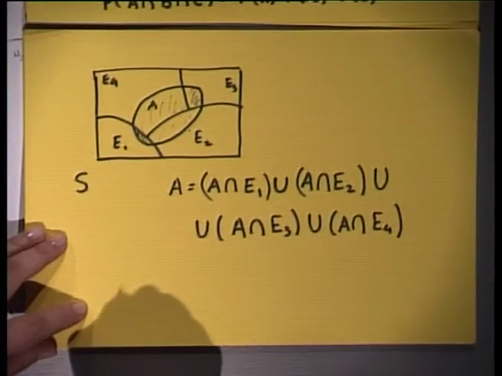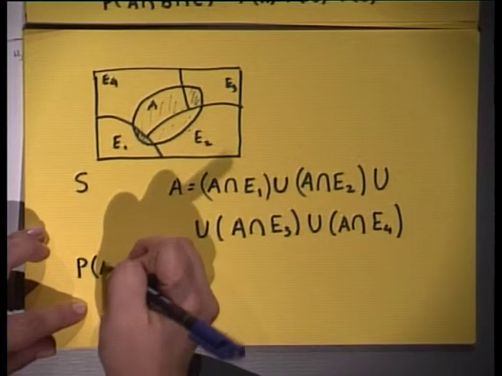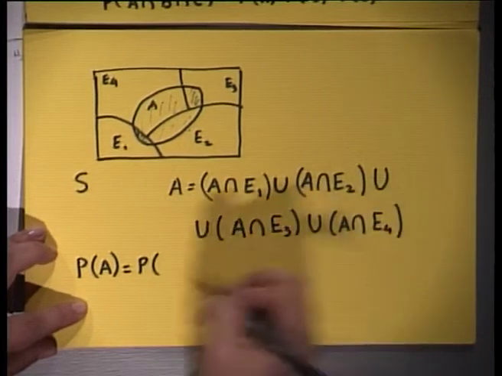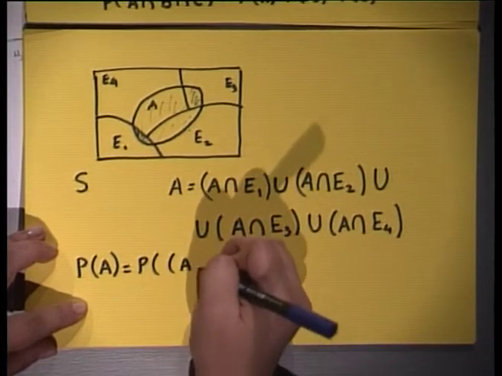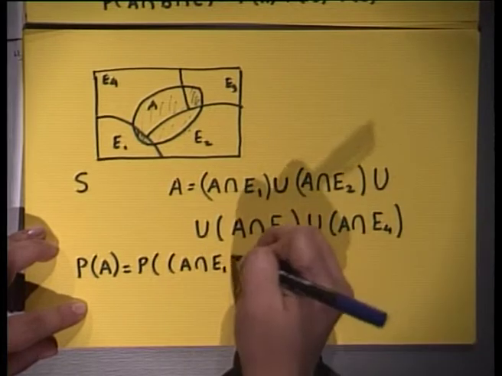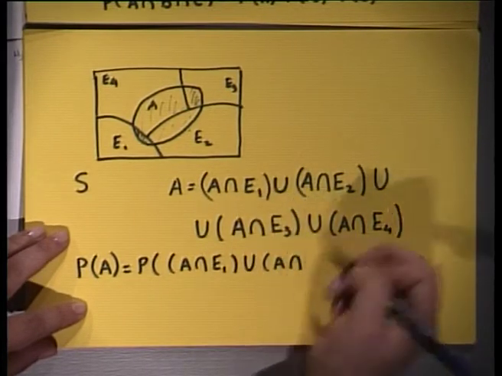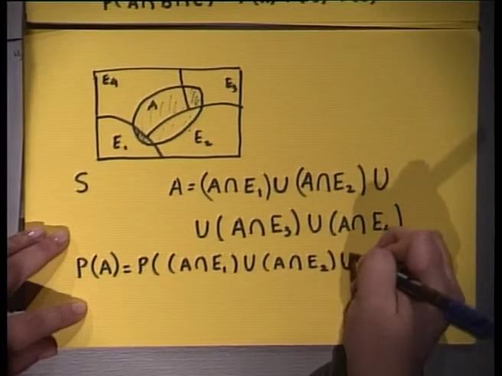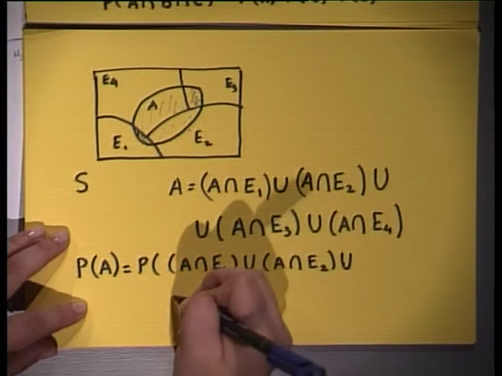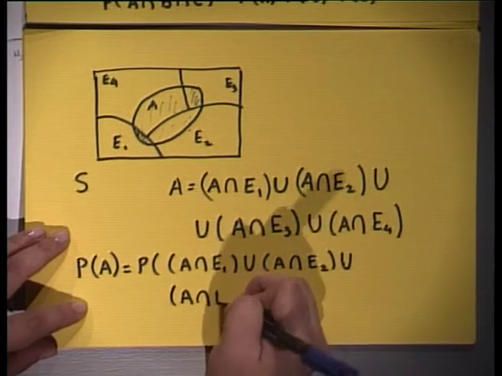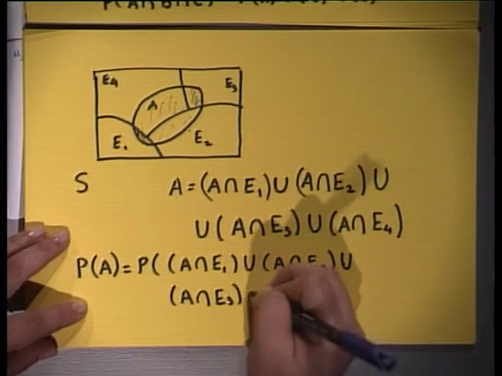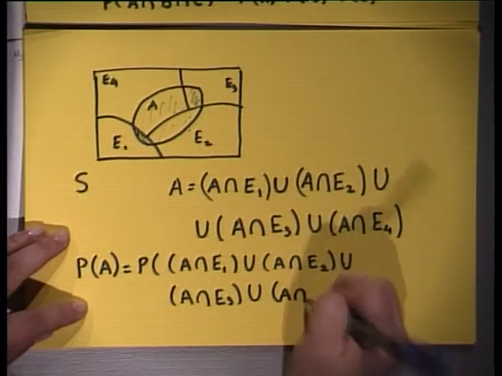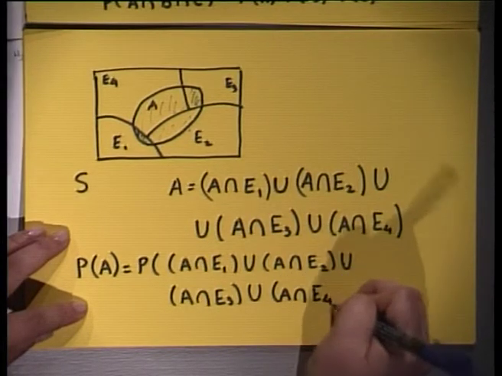And so we understand from here that the probability of A will be the probability of A and E1, A and E2, or A and E3, A and E4.